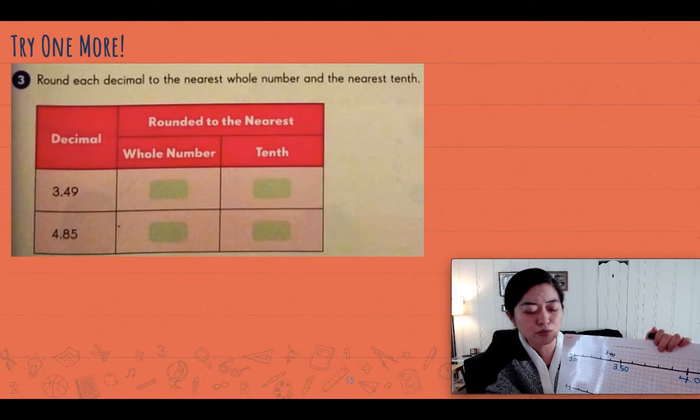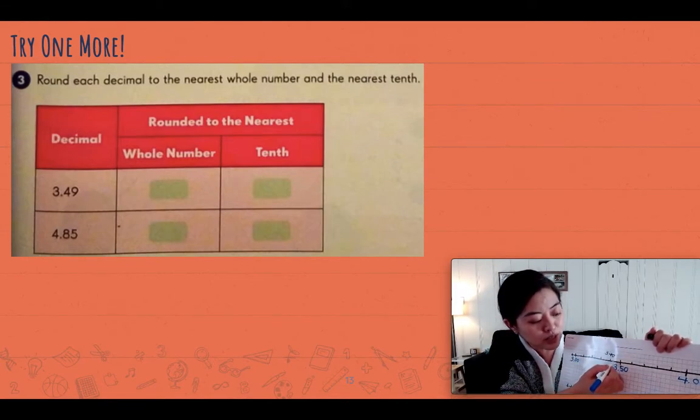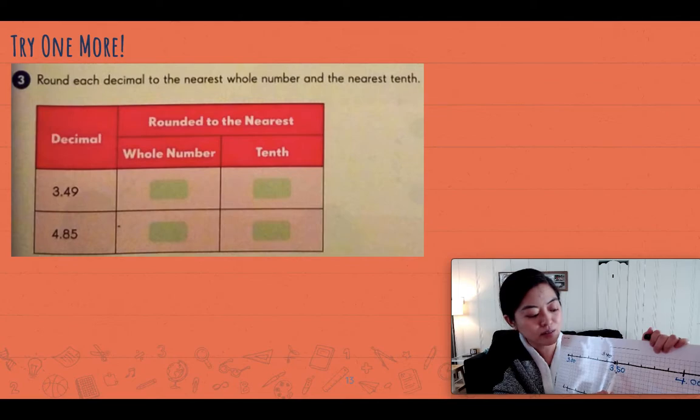So 3 and 49 hundredths lies between here and here. It's pretty close to 50. It's closer to 50 than to 40, right? So it's probably somewhere here, very close to 3.50. I'm going to mark it right there.